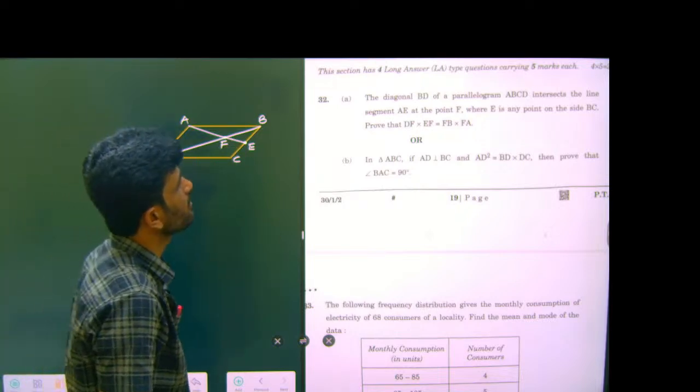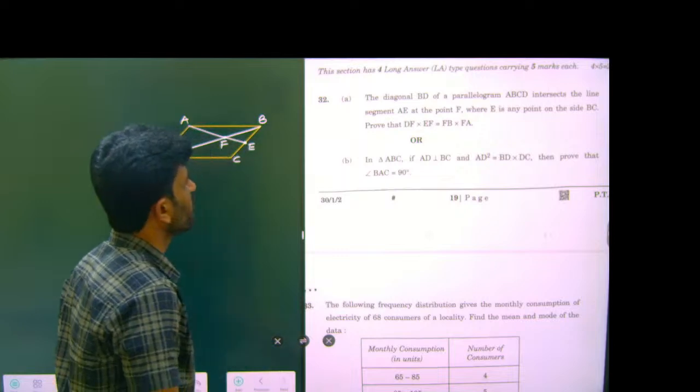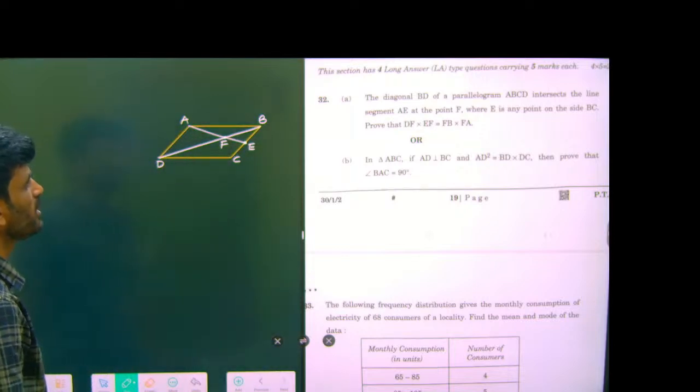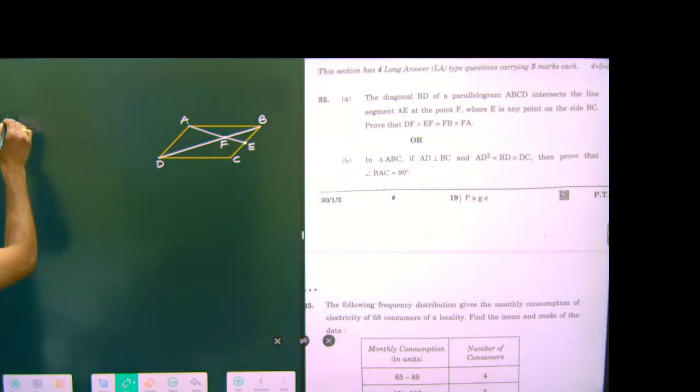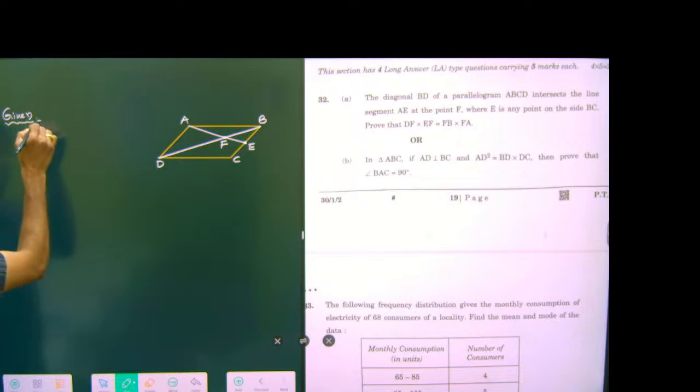Now in this diagram, we have to prove that DF into EF is equal to FB into FA. So write first the given, what we know.